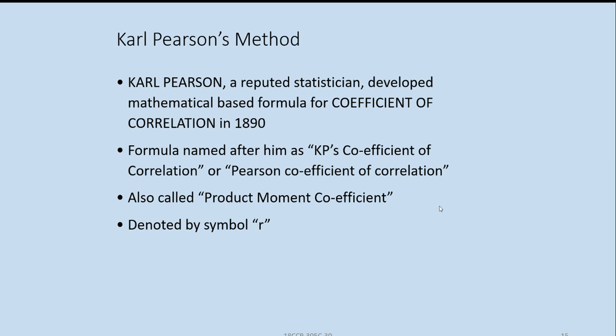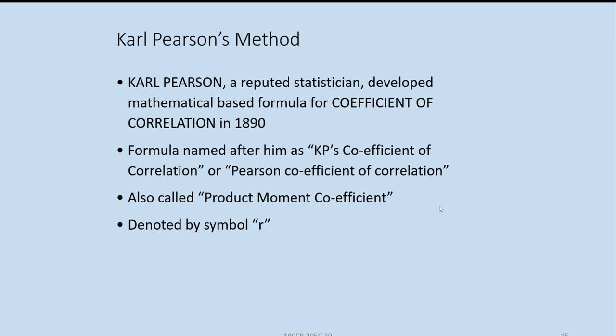Now we will see what is Karl Pearson's coefficient of correlation method. Karl Pearson, a reputed statistician, developed a mathematical formula for the coefficient of correlation in 1890.